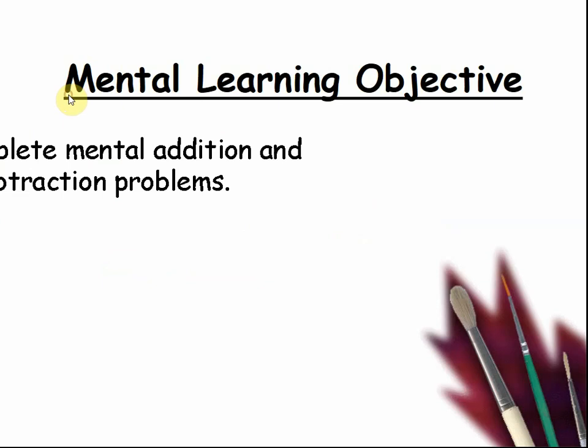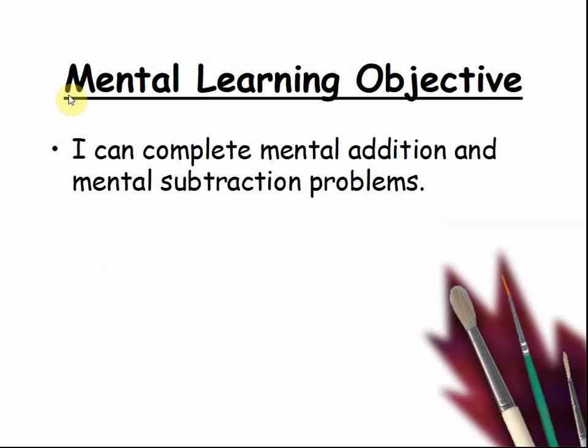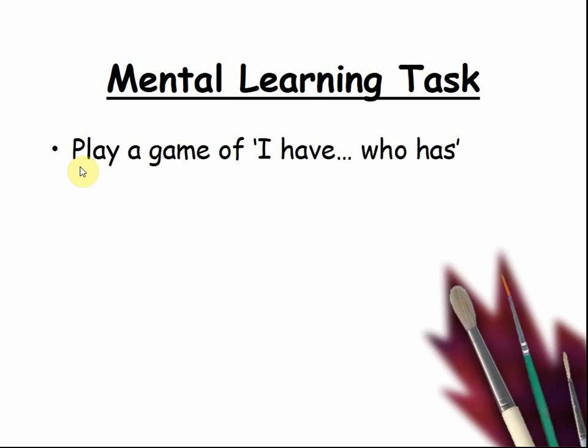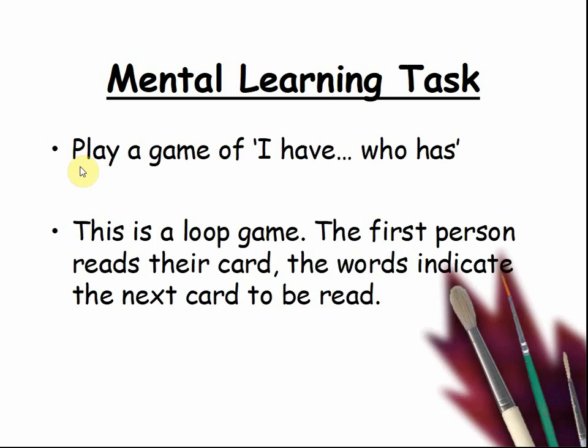Mental learning objective. I can complete mental addition and mental subtraction problems. Here is the mental learning task. Play a game of I have, who has. It is the loop game which we just mentioned.